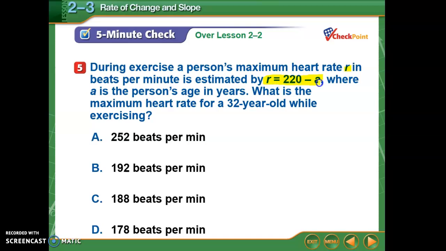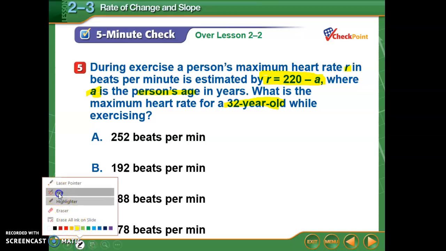You have noticed that this is a linear equation. Where A is the person's age, what is the maximum heart rate for a 30-year-old while exercising? Follow the equation.